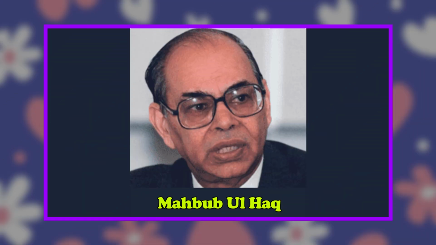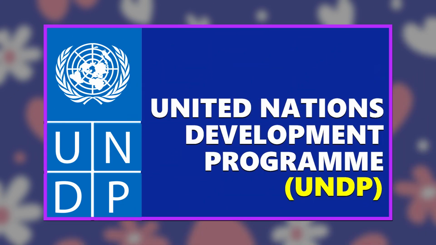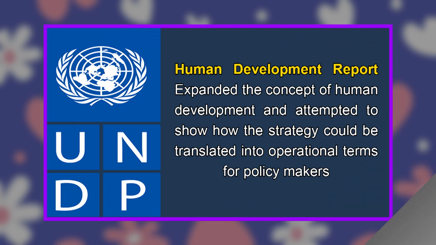Later, Mahbub ul Haq, the special advisor to the administrator, persuaded the UNDP to endorse the human development approach. Beginning in 1990, the UNDP issued its first annual Human Development Report, which expanded the concept of human development and attempted to show how the strategy could be translated into operational terms for policymakers.